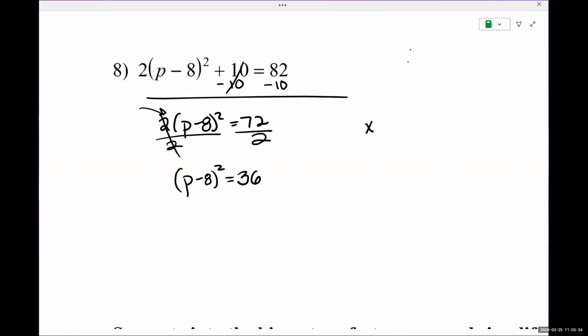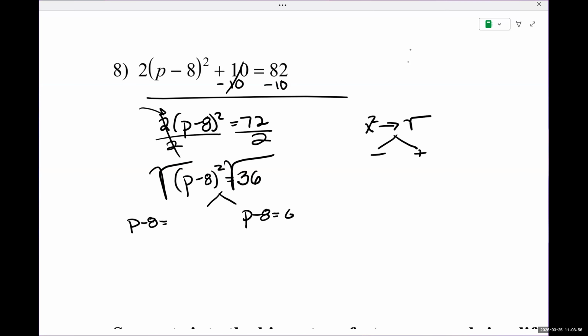Okay, the opposite of squared is square root, and it splits it into the plus and the minus. So we have p minus 8 equals, what's the square root of 36? We have positive 6 and negative 6.